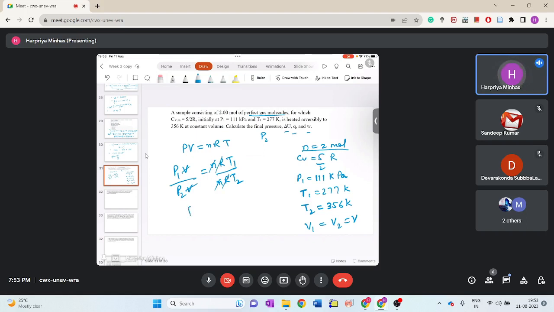So V is a constant, n is also 2 mole keeping constant, R is constant, and now from here we will get P2 equals P1 into T2 upon T1, right? So now our values are, so pressure is 101 kilopascal into what is T2, 356 upon 277.